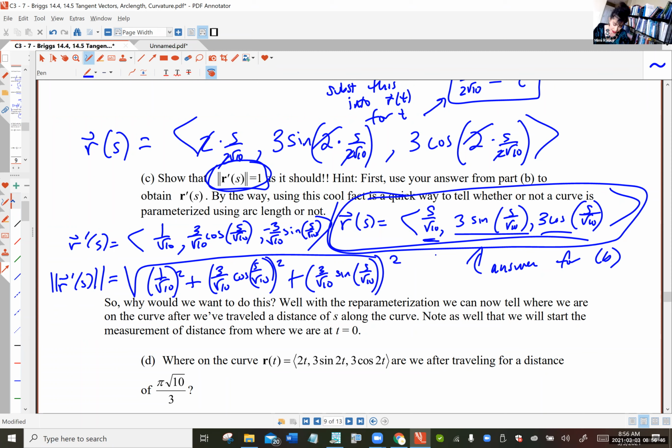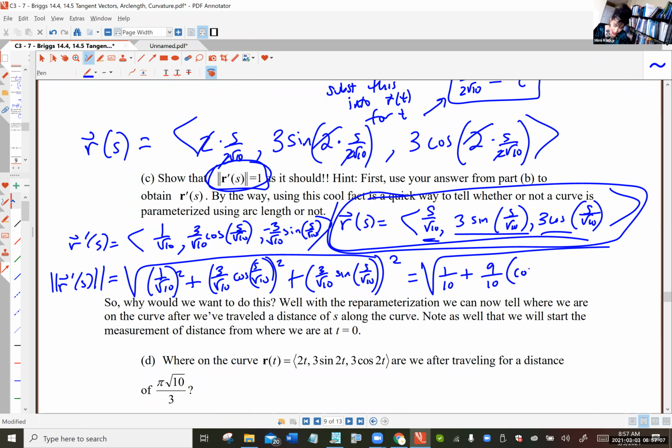Well, yeah. If I start squaring all of the terms underneath the radical, I'll get 1/10 for the first term. Now, the second and third terms have something in common. They both have 3 squared, which is 9, over square root of 10 squared, which is 10, so 9/10 is a common factor.